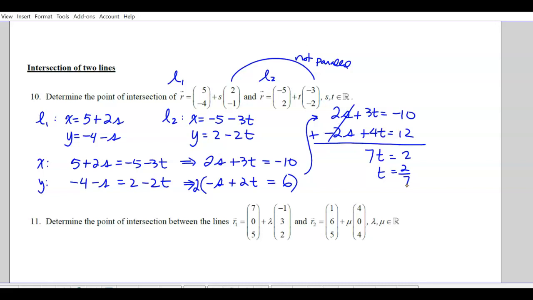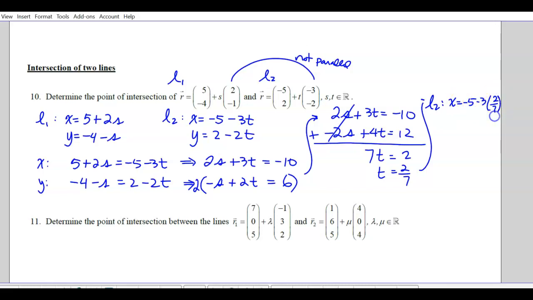And then substitute back in to get the point. It doesn't matter which line you put back in. I'm going to use L2, so x equals negative 5 minus 3 times 2/7.